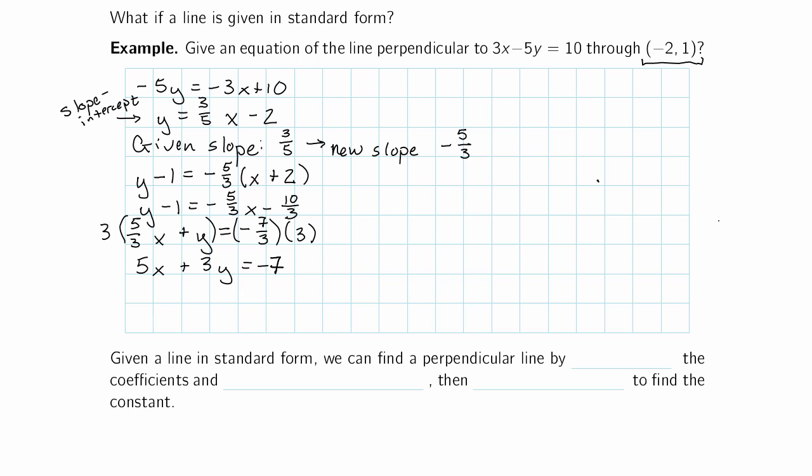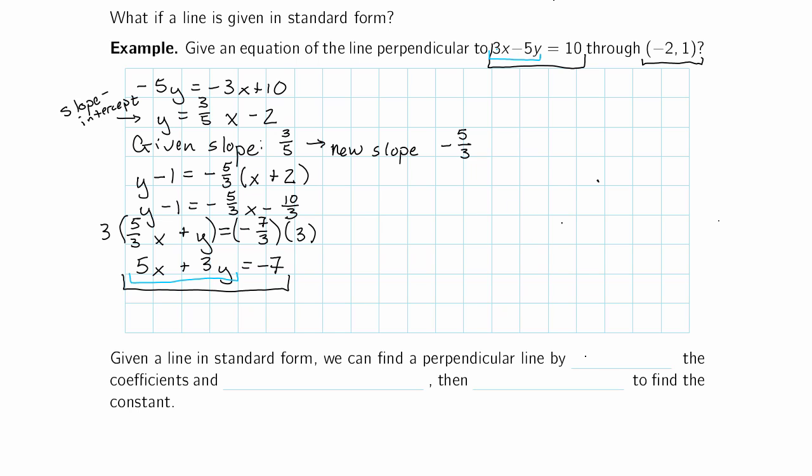Okay, so now let's look at the equation that we found compared to the original equation that we were given. On the left-hand side, we see the same coefficients, just in the opposite order, and the negative 5y became a positive 5y.